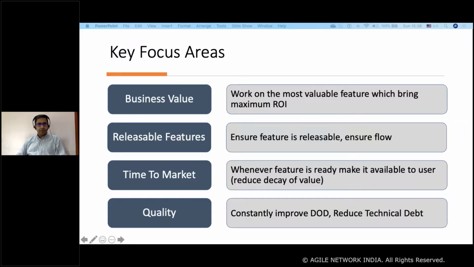Another item is, do we have an innovative work environment? Because innovation is key to improving productivity.